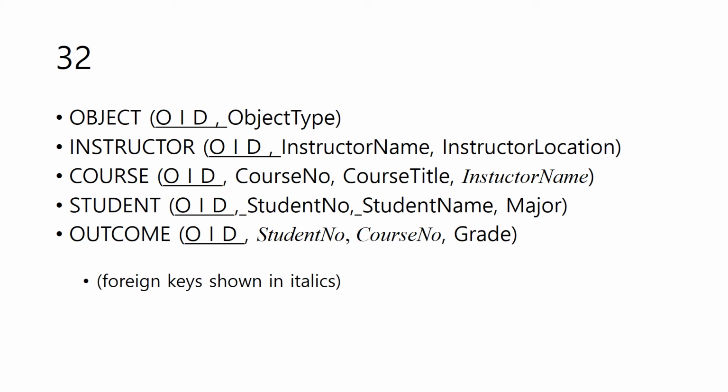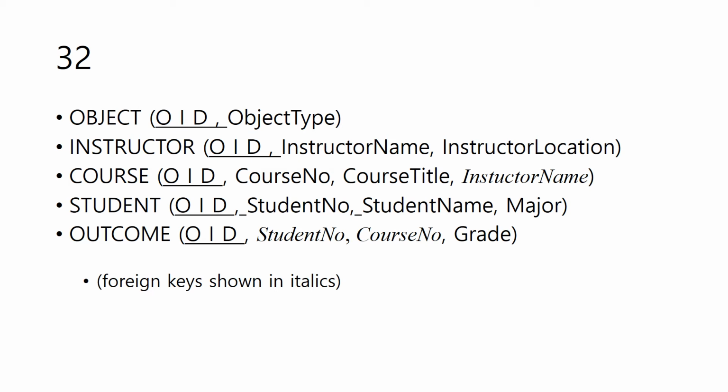Assume the following: an instructor has a unique location, a student has a unique major, a course has a unique title. Figure for this 32: class list of Millennium College.